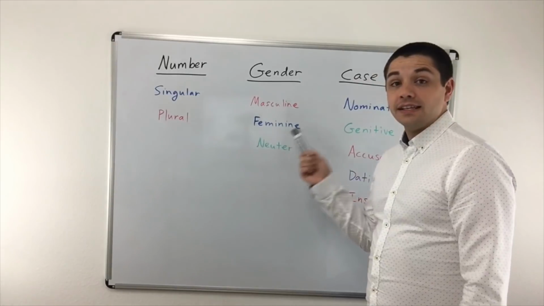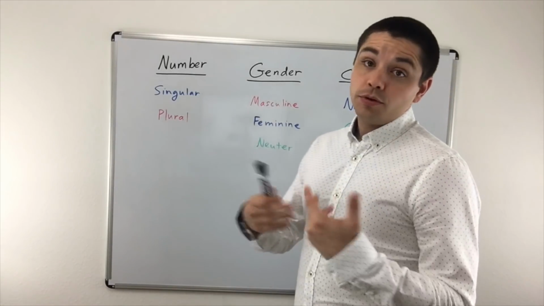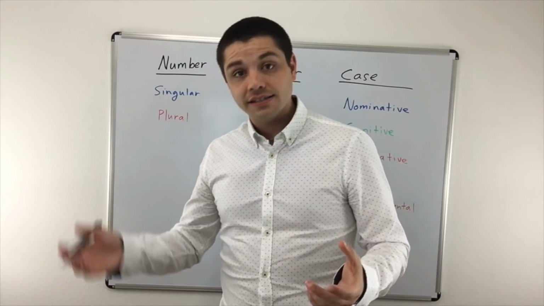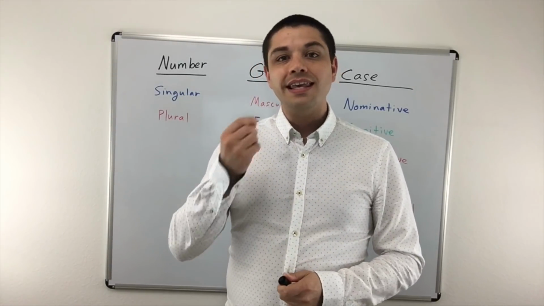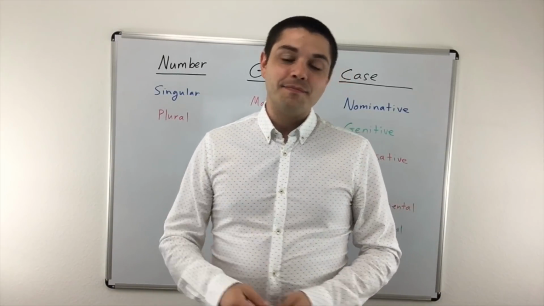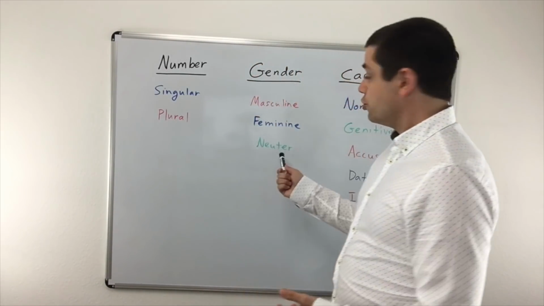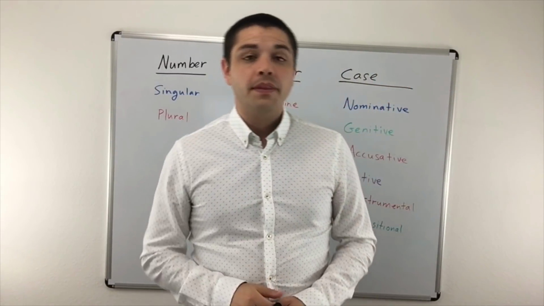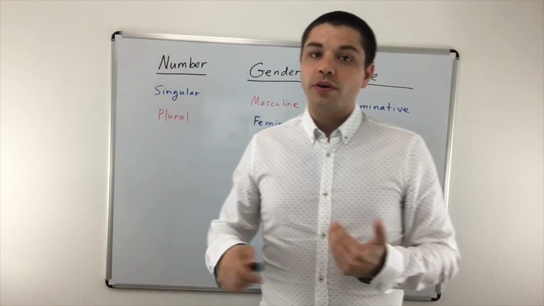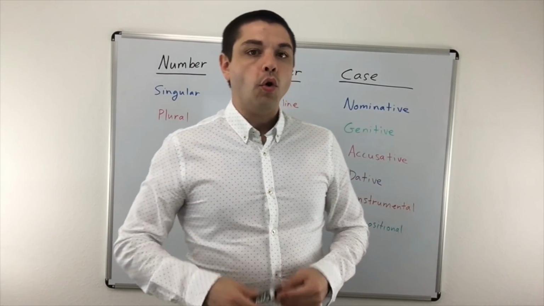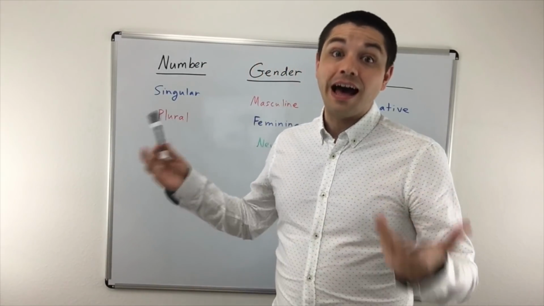Now, feminine nouns in Russian almost always end with an A, so an ah sound, or with a ya, but usually with an ah sound, an A. And neuter words end with O. Now, sometimes neuter words also end with ye, which looks like an English E, or sometimes they end with ya.